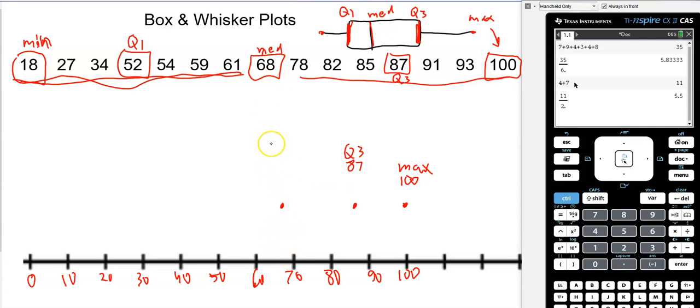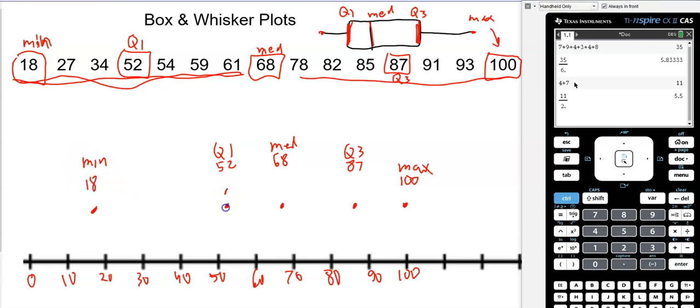So that's my median, which is 68. 52 is right about here, and that's my Q1, which is 52. And then 18, way over here, is my minimum, which is 18.